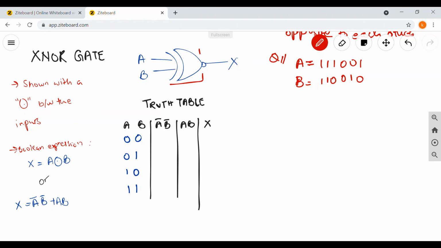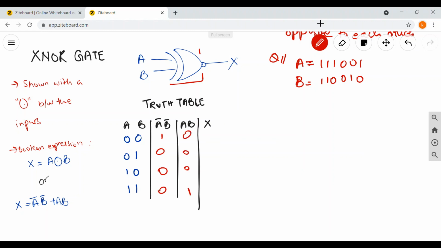Now let's draw the truth table. First we're gonna multiply the two inverted inputs, and then we're gonna multiply the two normal inputs, and then we're just gonna add them up together. So the two inverted inputs, we're gonna get 1 0 0 0, and then 0 0 0 and 1.